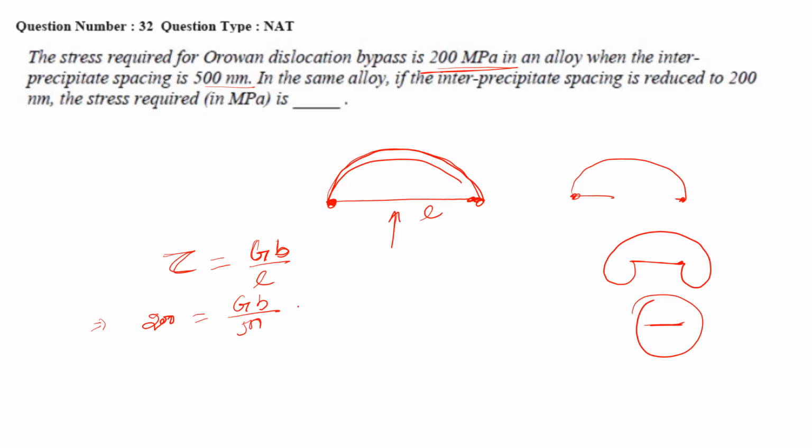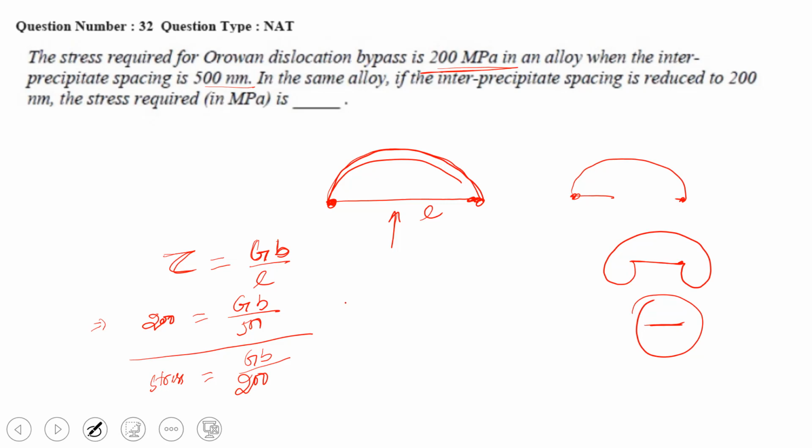So let that be the first equation, and the second equation will be for the same alloy when the interprecipitate spacing is reduced to 200 nanometer. So this stress we need to find. Let the stress be S. GB will be the same, and instead of 500 we will write 200 nanometer.